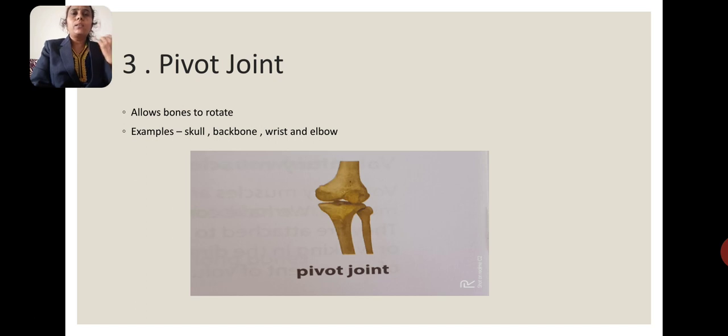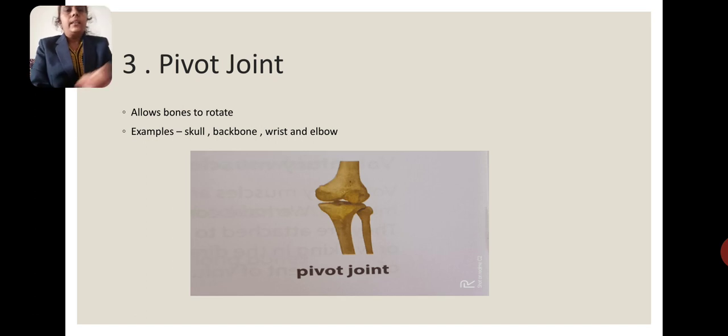We have the skull, so we can rotate it. Then the backbone. In the backbone also we can rotate a little bit. The wrist also we can rotate, and the elbows also. Whenever we want to rotate our body, at that time, which kind of joint is useful? That is the pivot joint.